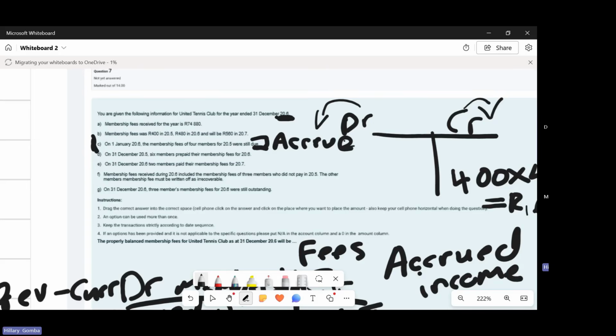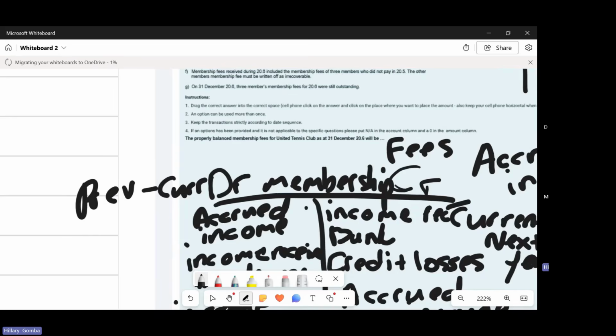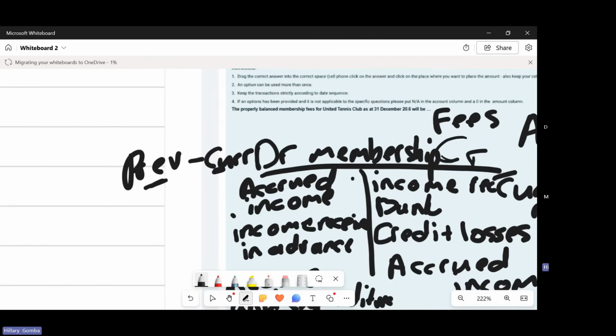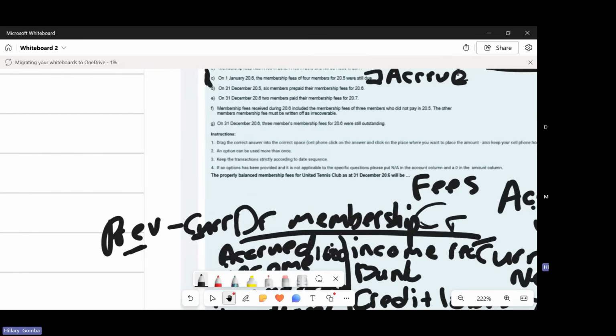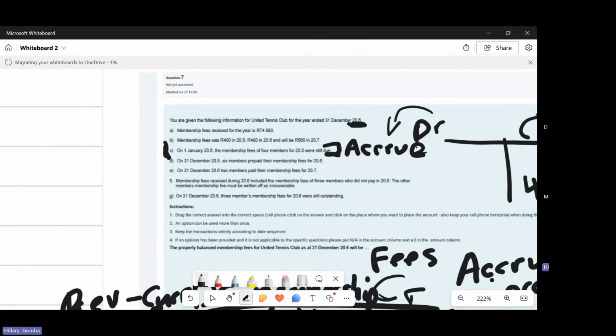So it's an accrued income, which goes on which side? Remember the debit side, I said it's previous year to current year. So it is on the debit side. That's correct. So on the debit side where it's written accrued income, you record your 1.6, because 400 times 4 is 1.6.